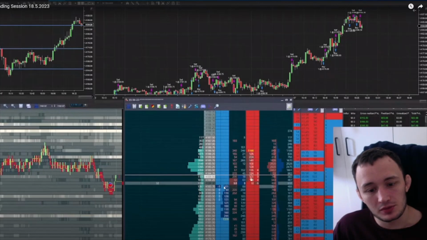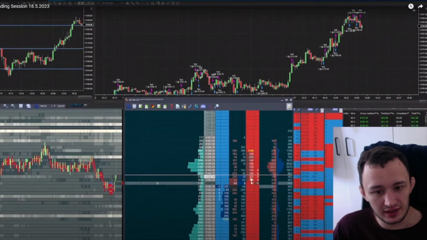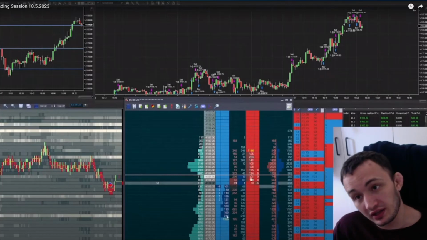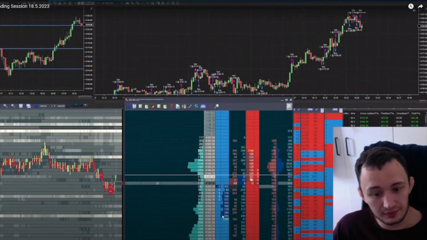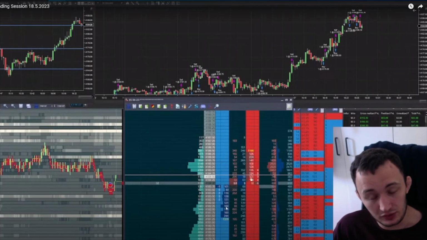Okay. So with that being said, here on the DOM, this is what every regular DOM shows: limit orders on each side. If you have level 2 data, you see all the limit orders. If you just have level 1 data, I do recommend you get level 2 data.